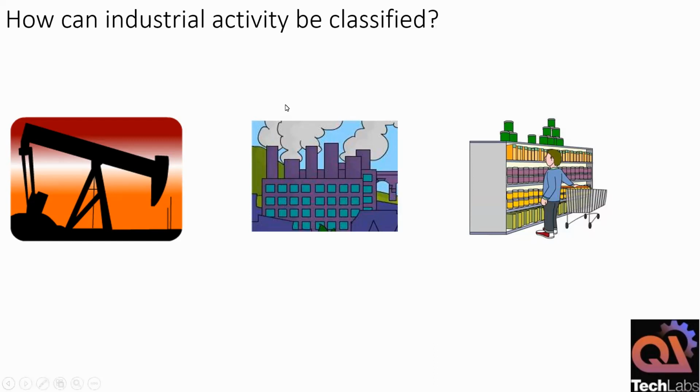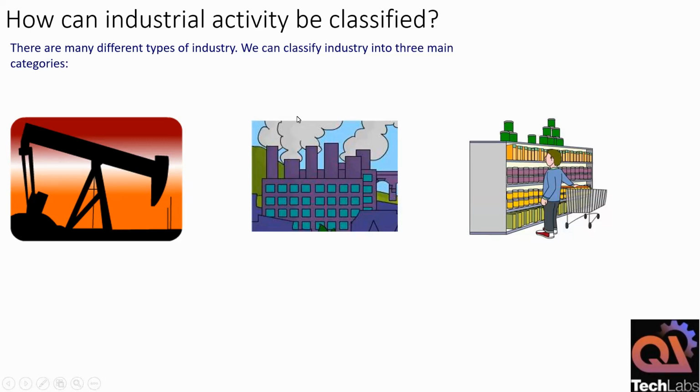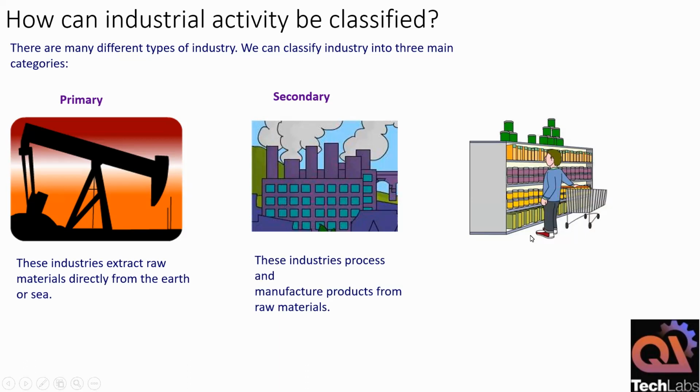Okay, the industrial activity can be considered into many categories. One is primary. Primary means these industries extract raw materials directly from the earth or sea. This is a primary industry. Next, secondary industries.